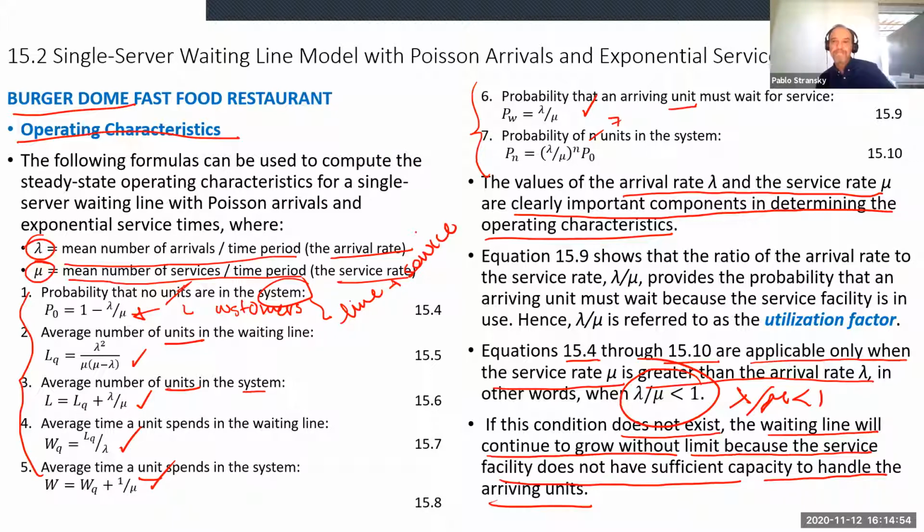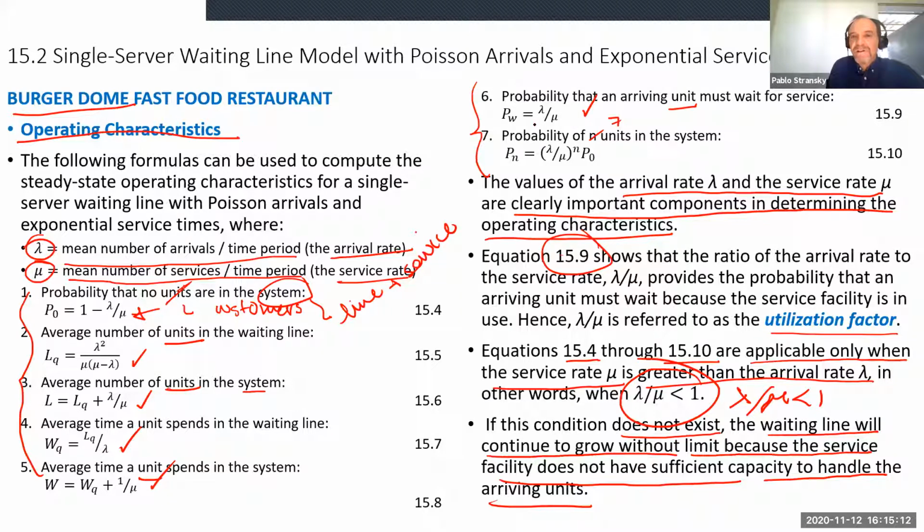Questions here? So let's use the figures. Now, one more point. Equation 15.9 is also called the utilization factor, okay?